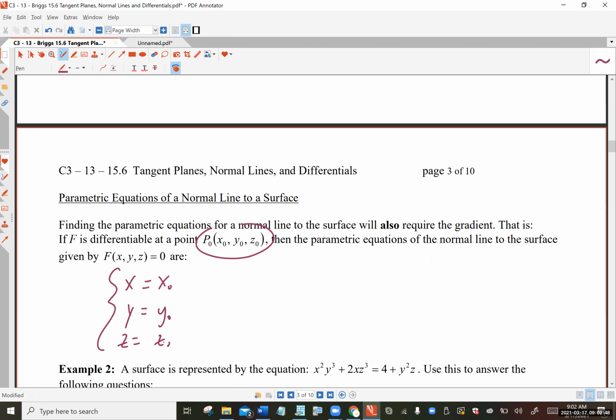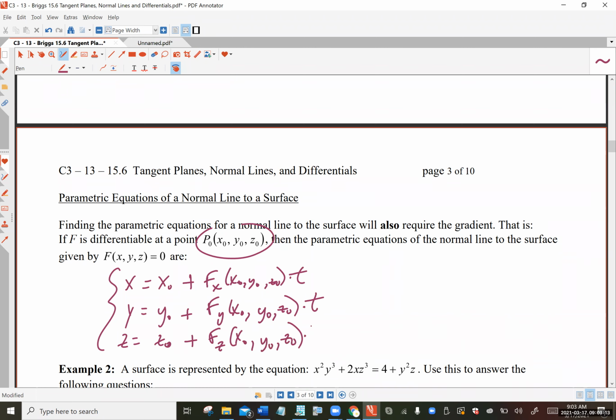Then your direction vector, whose components are the coefficients for your parameter T: Fx evaluated at the point, so it better be a nice number, times T, plus the partial with respect to Y evaluated at the point times T. And then the last parametric equation has the partial with respect to Z evaluated at your point times T.